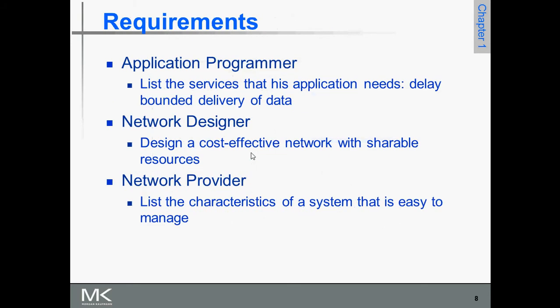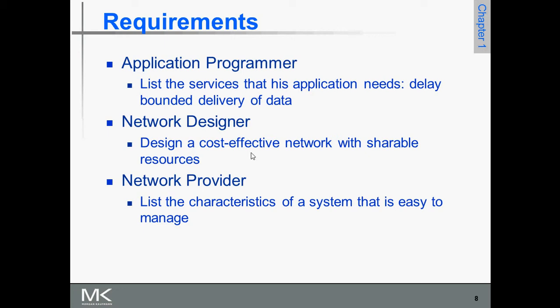Now, requirements. The requirements come from three classes of people. The first is the application programmer, who designs the application that is going to run on your network. The second is the network designer, who designs a network for you. And the third is the network provider, who manages your network.